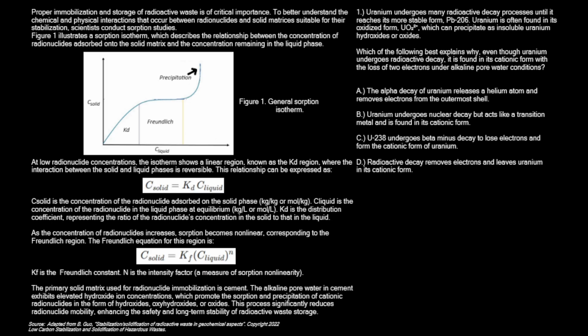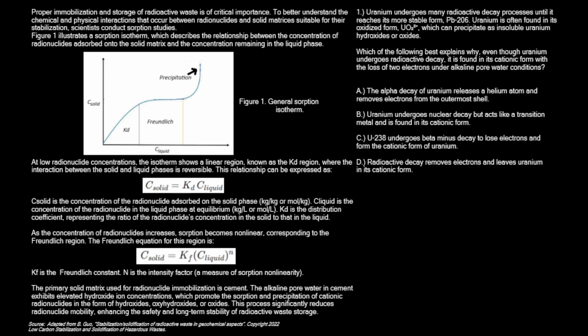At the low radionuclide concentrations, the isotherm shows a linear region known as the Kd region, where the interaction between the solid and the liquid phases is reversible. This relationship can be expressed as the following equation: C solid is equal to Kd times C liquid. C solid is the concentration of the radionuclide adsorbed on the solid phase.